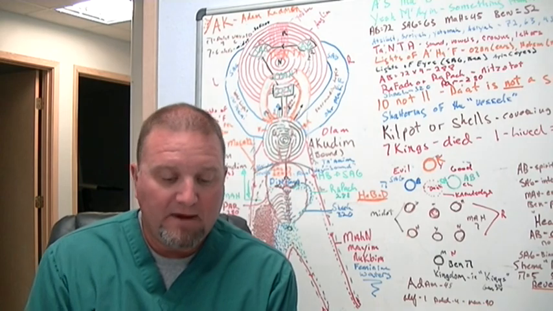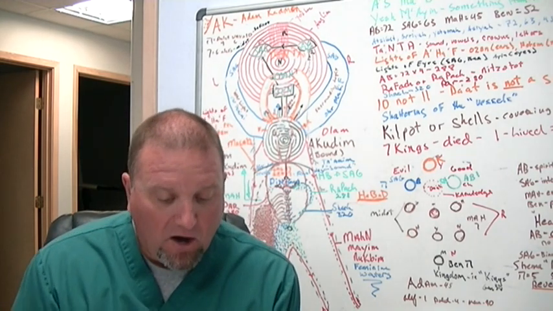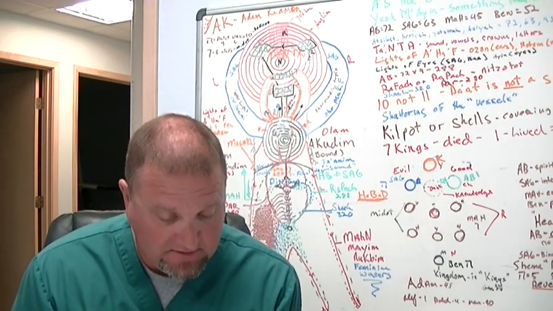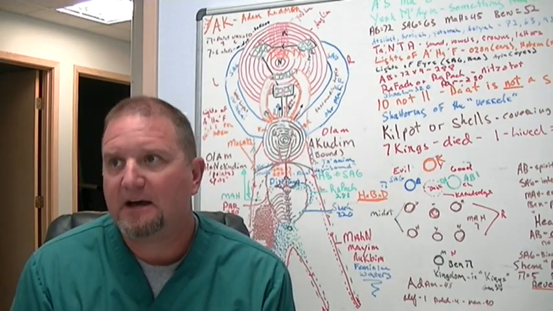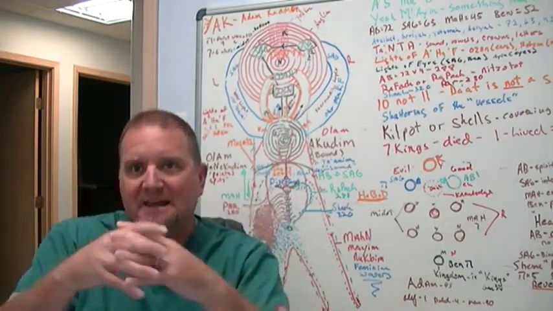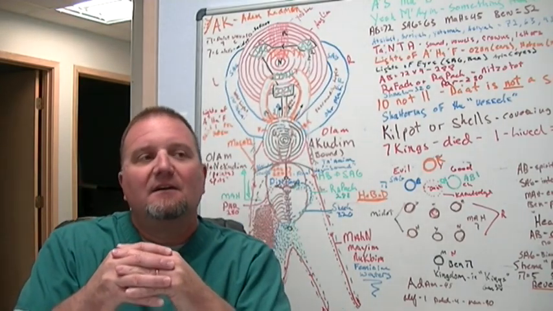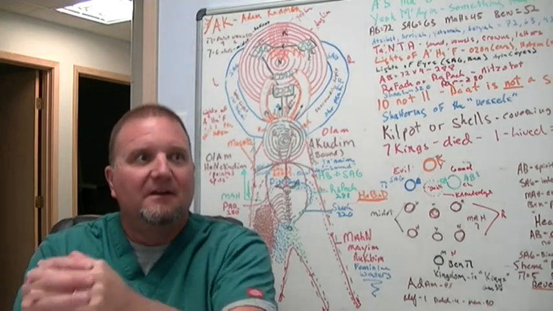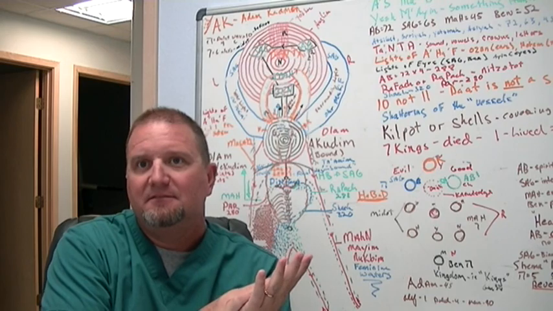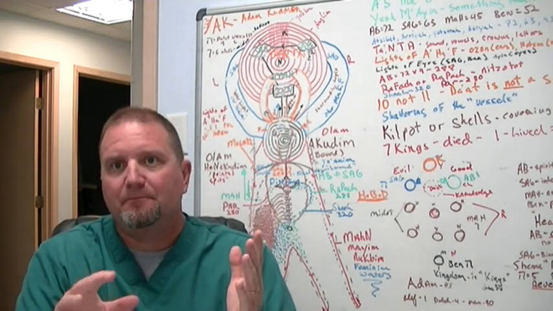Some of them were made fragrant on the side of holiness. Some of them were made not fragrant and passed to the other side. So in other words, the ones that were mitigated were fragrant. The ones that were not mitigated fell to the other side. That's the creation of the kings in total.